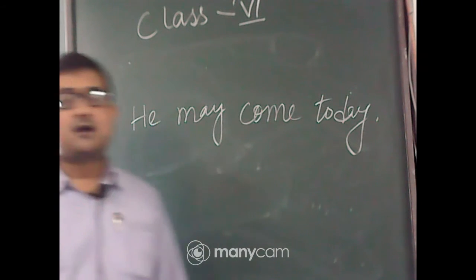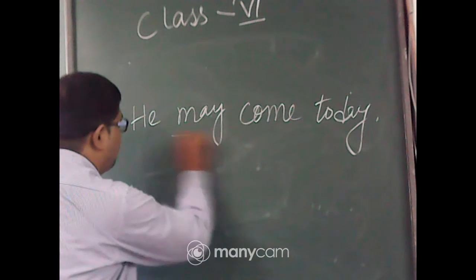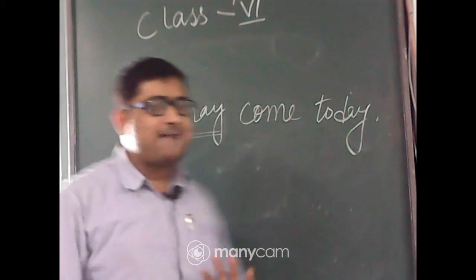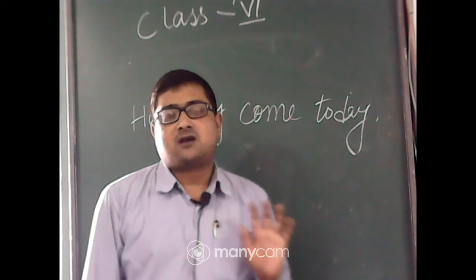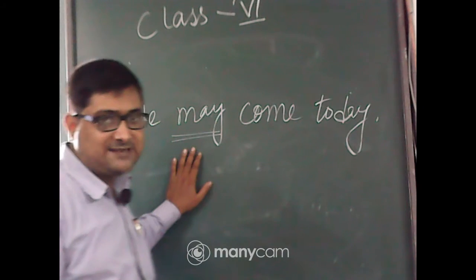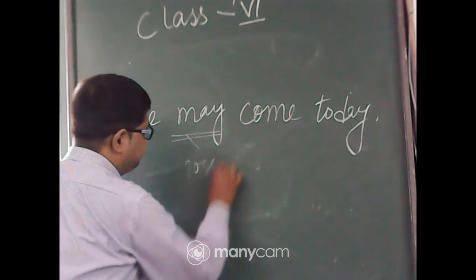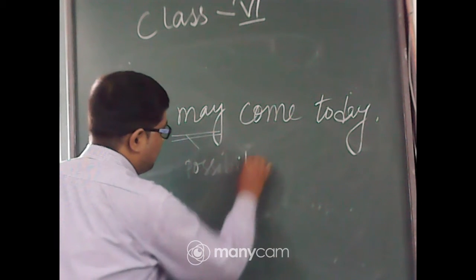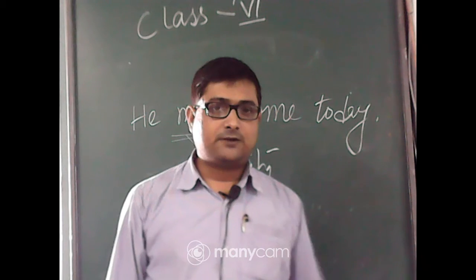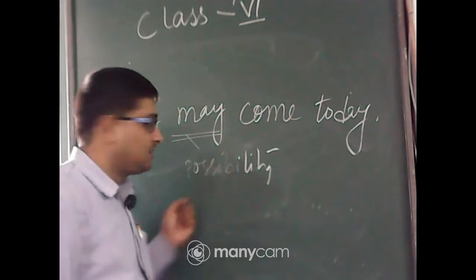Now this word may: suppose he is my friend, and I am not sure whether my friend would come or not, but in that sentence I have expressed this. So may here stands for possibility, where I am not sure whether he will come or not. That is why I have written "he may come today."